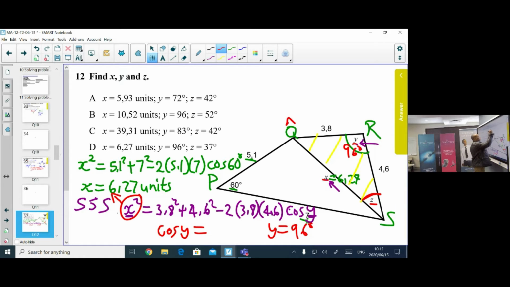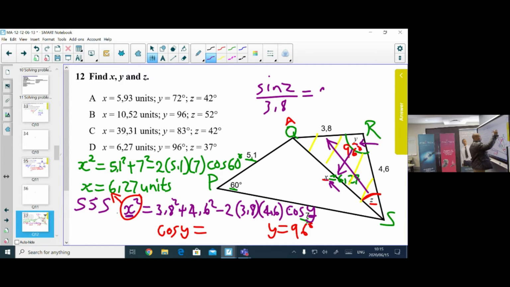sine z over 3.8, because remember, the sine rule works with the opposite side. So you look for the opposite side to an angle, and then we look for a pair that is given.